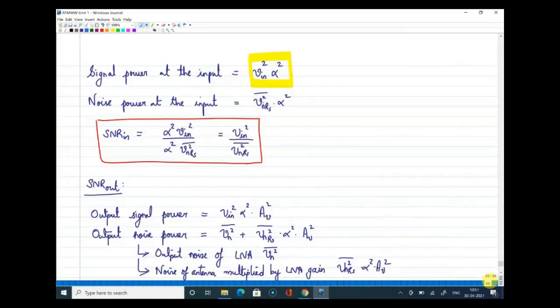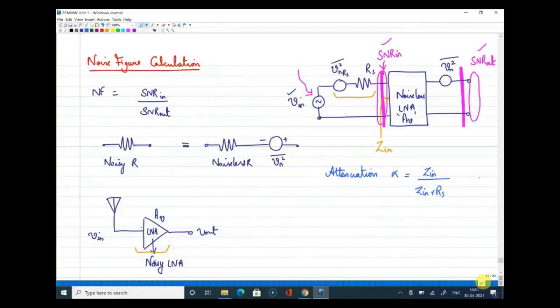So this is how we calculate the noise figure for any circuit block. We have taken the example of an amplifier here. Just to summarize, noise figure is a ratio of SNR in to SNR out. We have two components here. One is a circuit block, the LNA, which is noisy, expressed as a noisy LNA with a series voltage source to consider its noise. Similarly, the antenna resistance is there, and its noise is expressed as a voltage source in series.